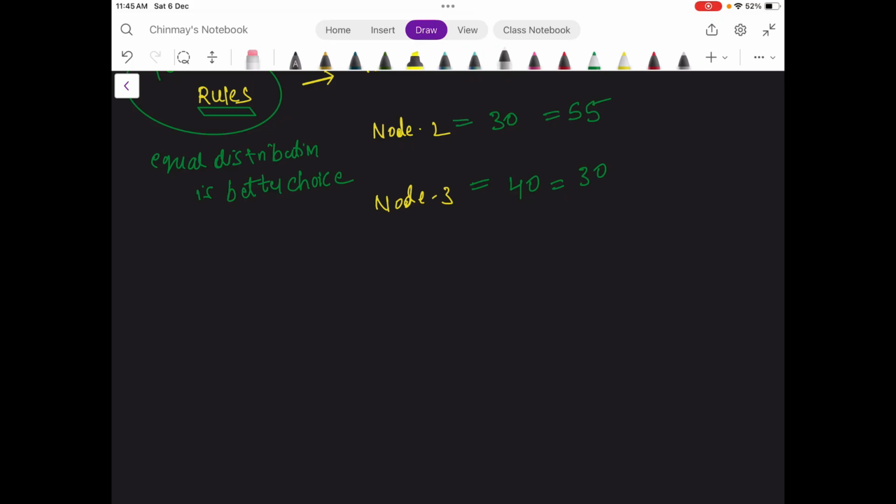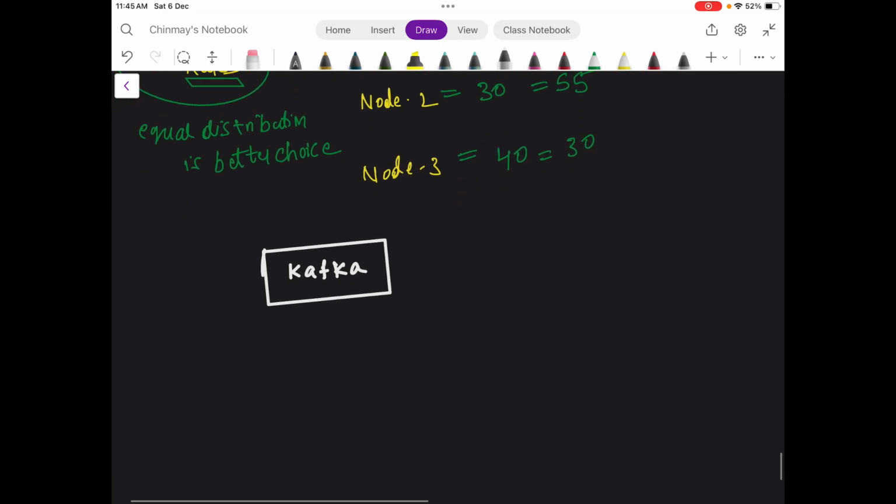generally in this case, the approach people take is Kafka. Generally in production, we have 1000 rules or 1 lakh rules or 2 lakh rules. For example, we have 1000 rules.